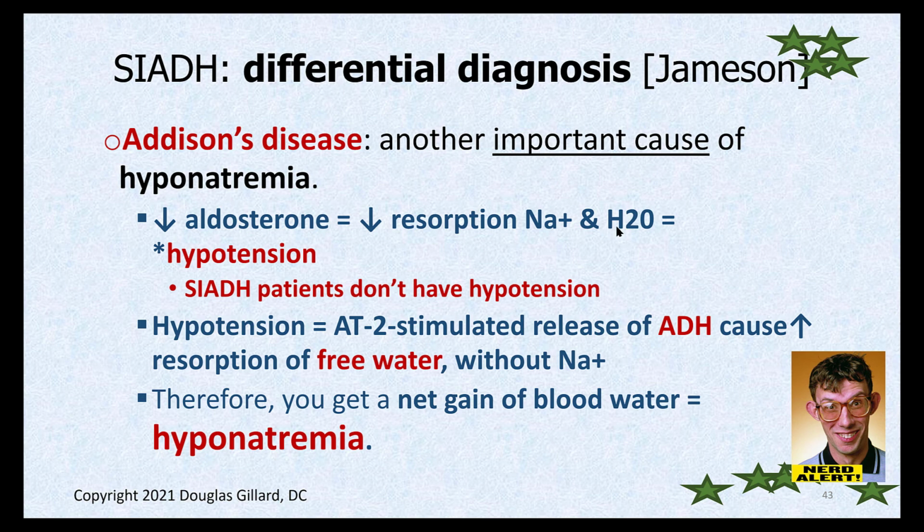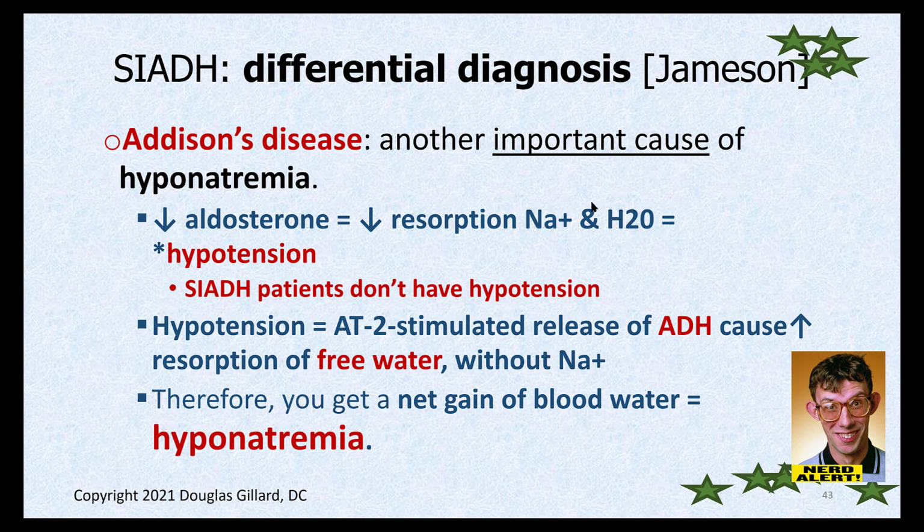But normally the hypotension turns on the RAA system. And that causes the production of angiotensin 2, and angiotensin 2 can bind to ADH and cause it to reabsorb free water to kind of negate this effect.